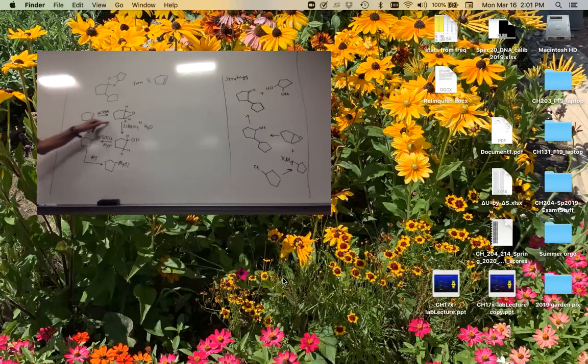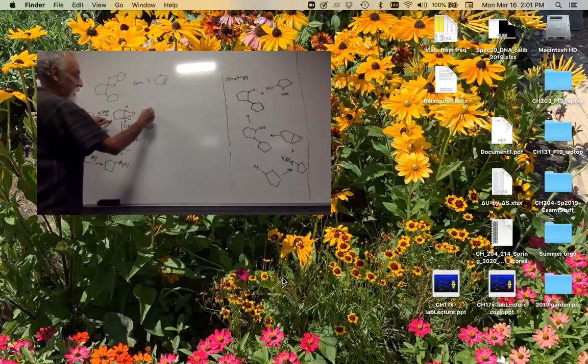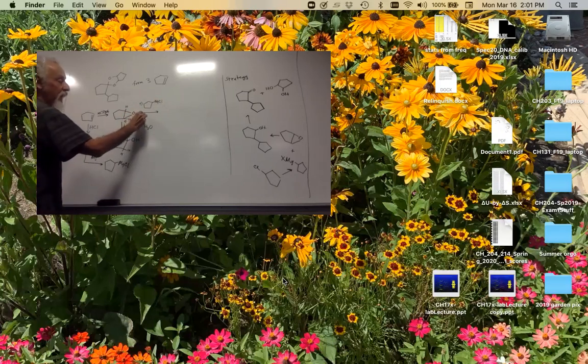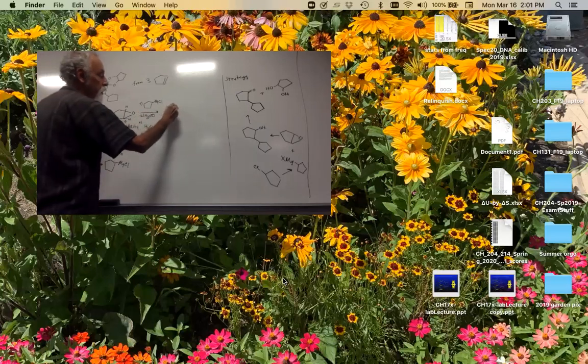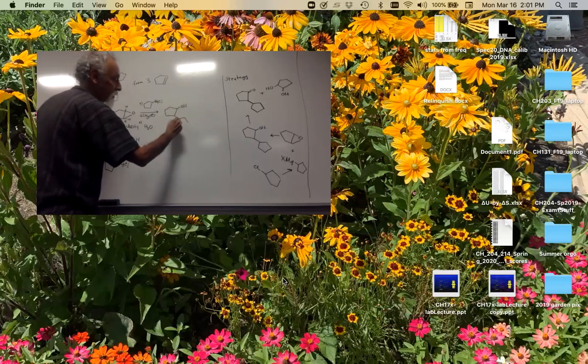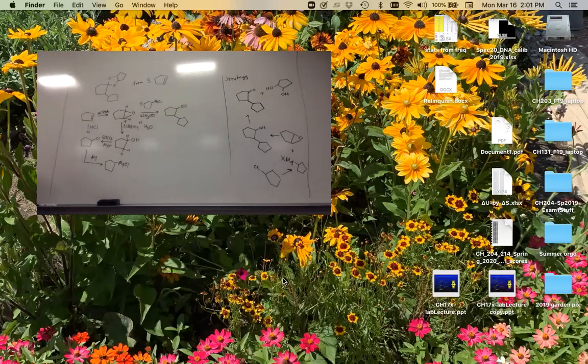Okay, so this guy plus the cyclopentyl magnesium chloride, followed by acid workup, H3O plus, is going to open that epoxide on the less hindered side. It doesn't really matter in this case. And so this is how we would make this.